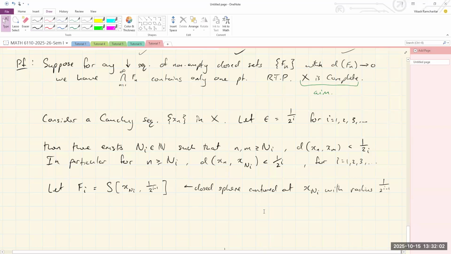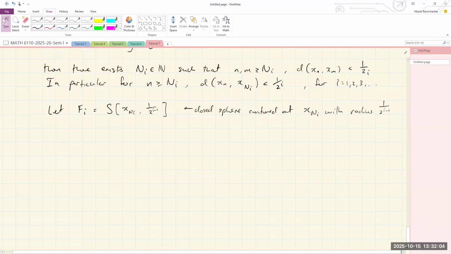Although we don't need a picture, it's always good to have a picture in your mind as to what's going on. So let's draw F1 and F2. Here's x_N1. When i is equal to 1, I have 1 minus 1, which is 0, so 2 to the 0 is 1.